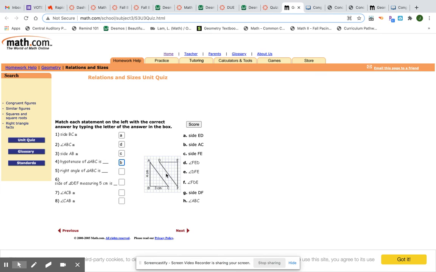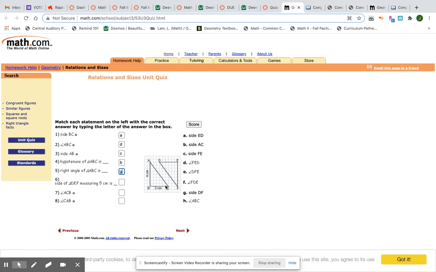And then this hypotenuse right here for the other triangle is DF. Let's see where that one is. There it is right there. G, letter choice G. All right, and then side of the triangle DEF in that order measures 5. That's right here. So that would have to be this one.